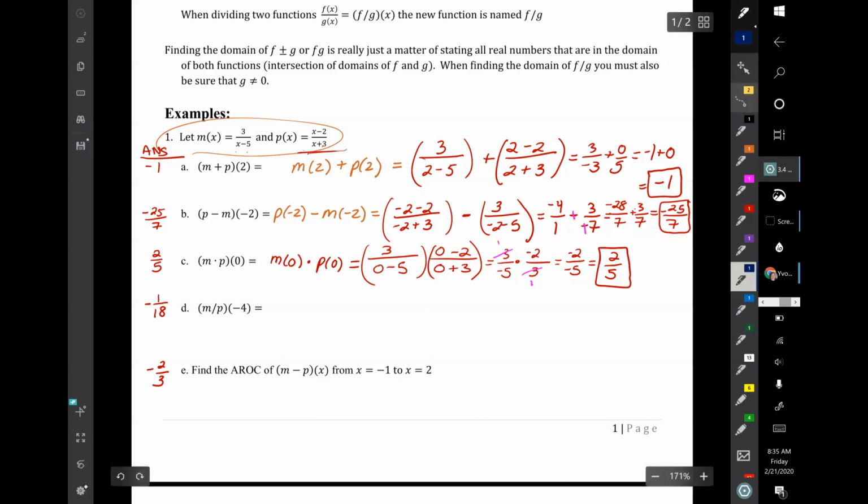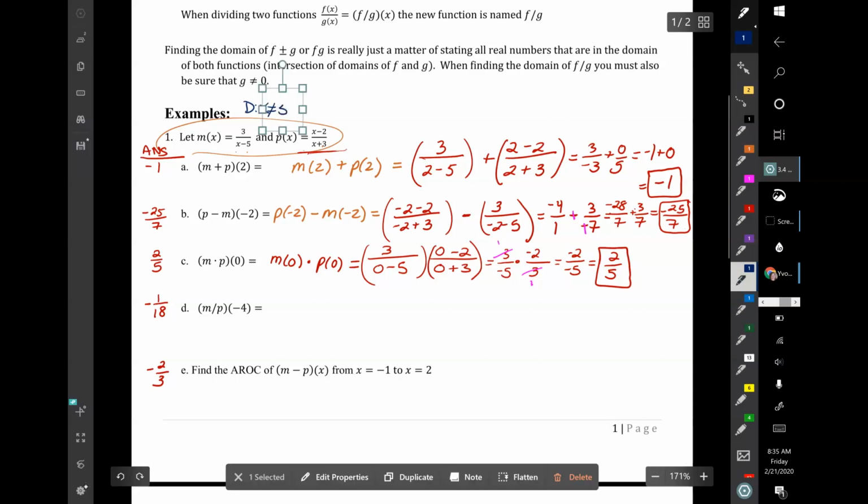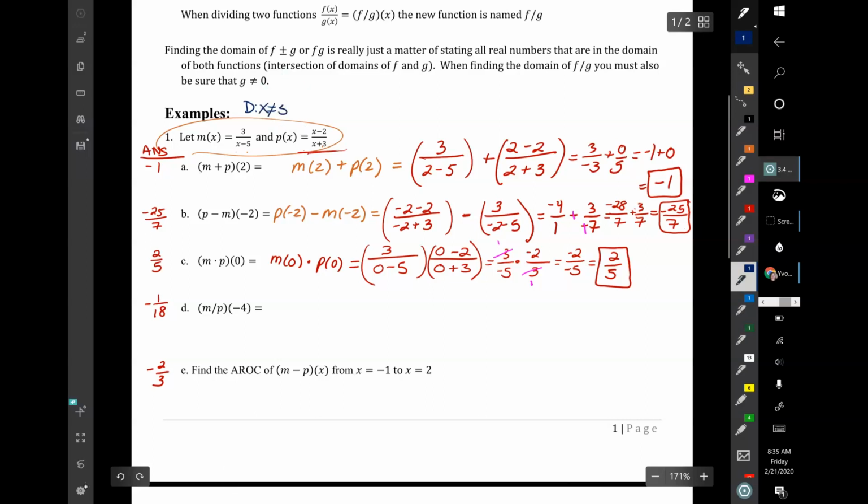Let's make a little note up here that the domain for M is X cannot equal 5, and the domain for P should be X cannot equal -3. So we have to watch for that situation, especially for part D here.